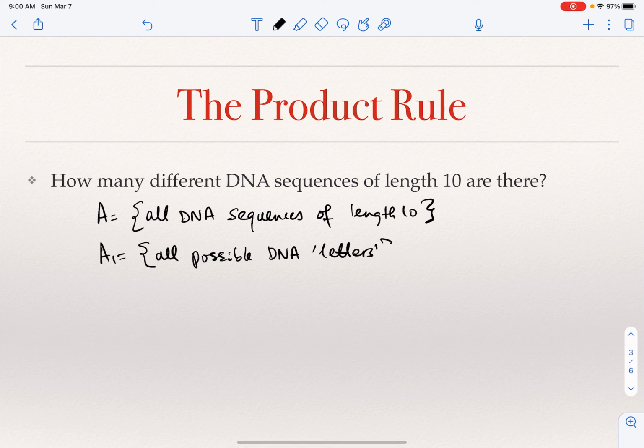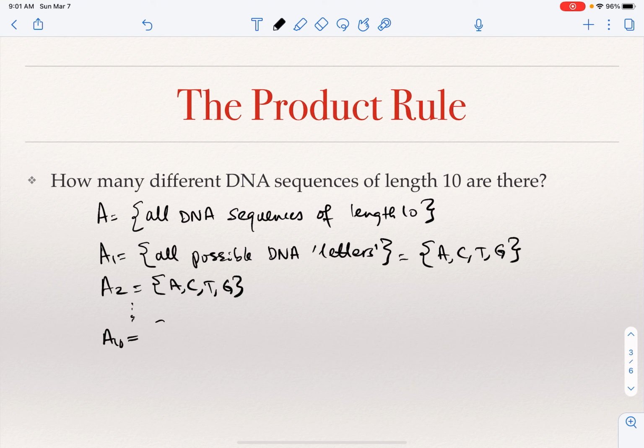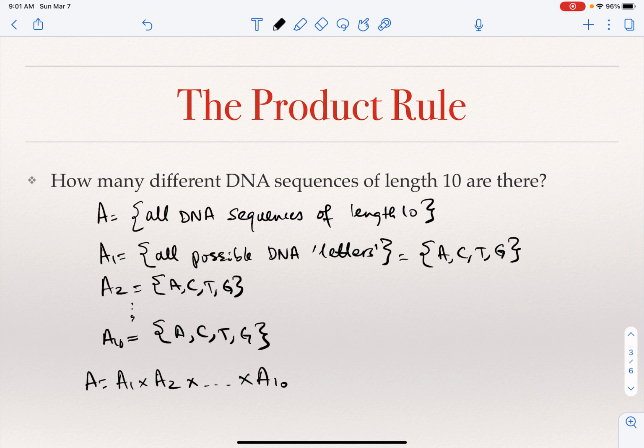In other words, this is A, C, T, G. I can write A2 to be the same, A, C, T, G. And I can write all the way to A10, it's the same, A, C, T, G. Now, if you look at A, the set A can be written as A1 times A2 all the way to A10, right? Because every sequence of length 10 can be written as a tuple of 10 letters, the first from A1, the second from A2, the third from A3, and so on.